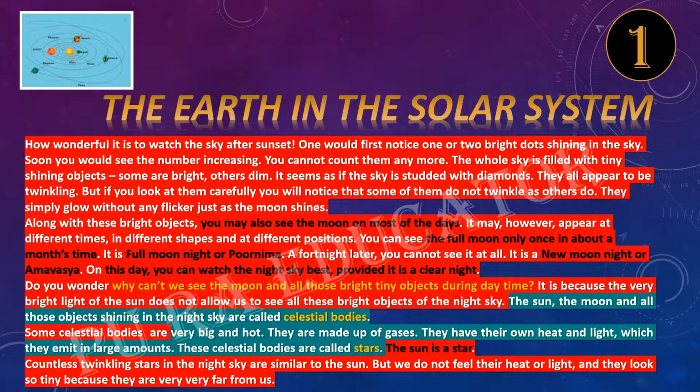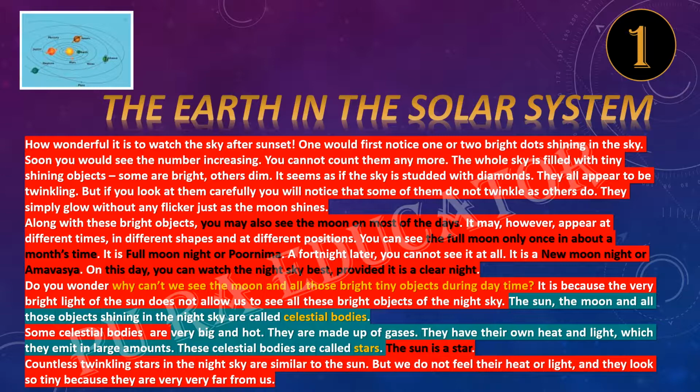The first is the full moon night, when you can observe the complete moon in the night, that is known in Hindi as Purnima. And on the fourth night later, you will see no moon in the night. That day is known as new moon night, and in Hindi it is known as Amavasya. Such a day is very clean. You can see the sky very clearly, and it is the best night to see the sky. It looks wonderful.